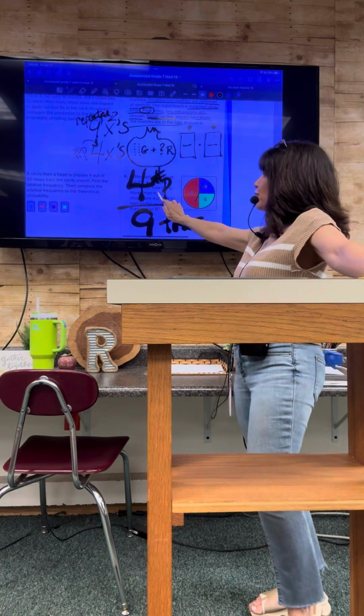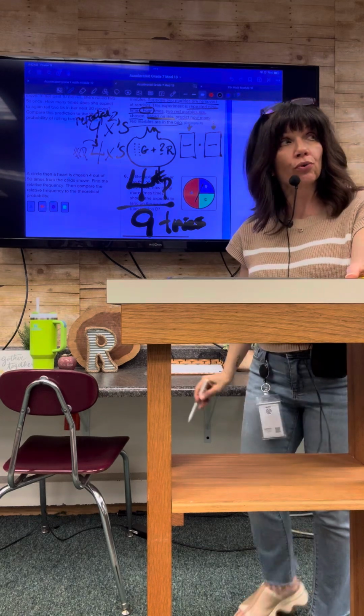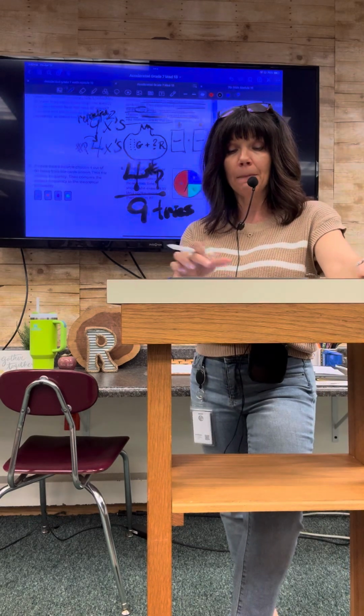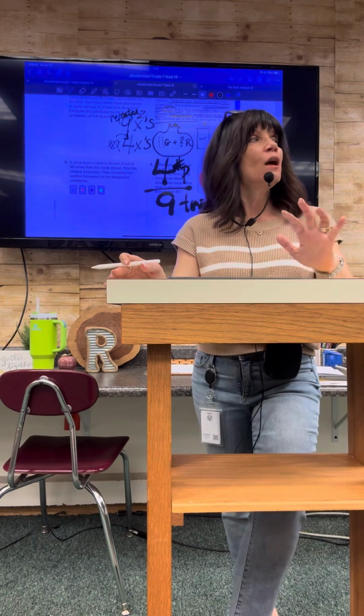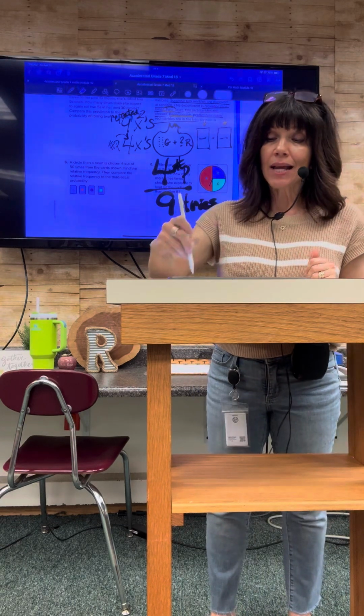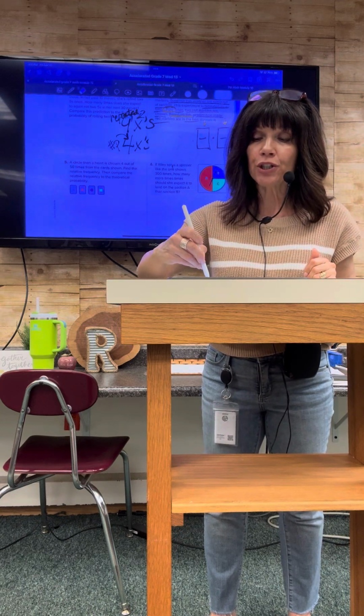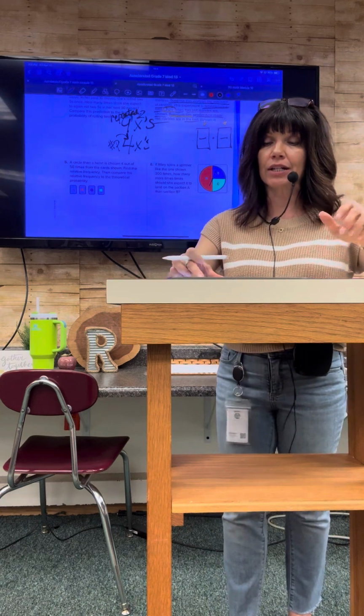Always the number of preferred event happening here. Always the total number of tries happening on the bottom. Now that I know 4/9 of the time, overall, they were able to pull 2 red marbles, then I know 4/9 has to be equivalent to these 2 ratios I set up earlier that I did not know.